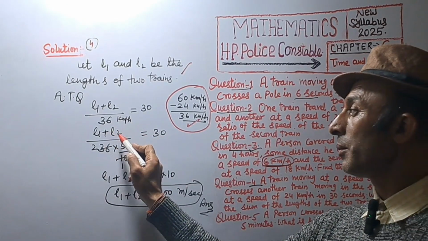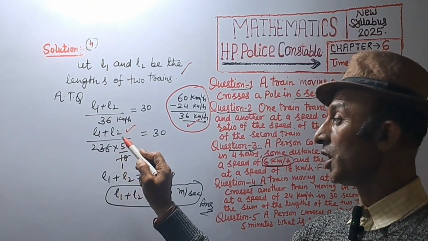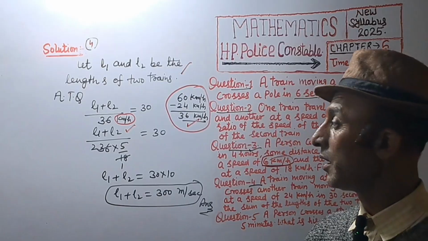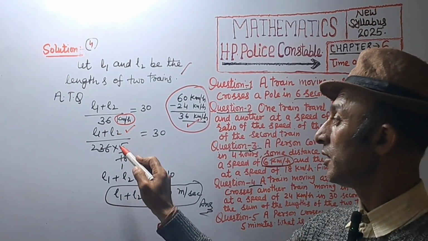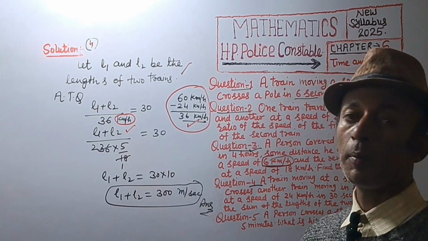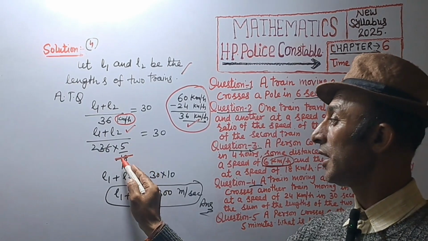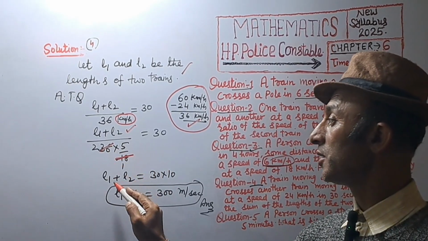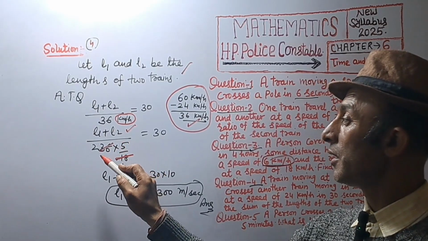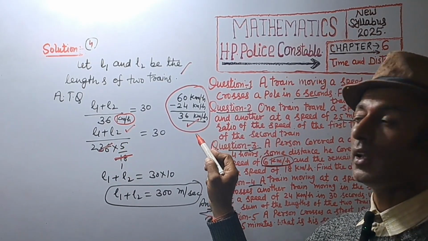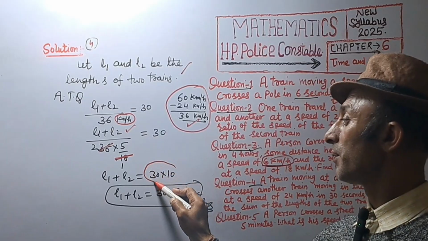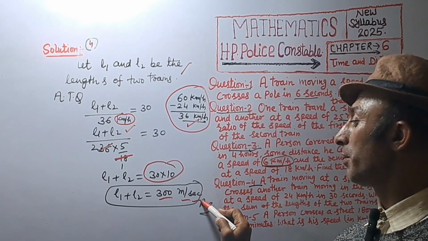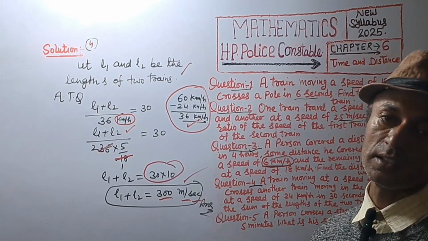And their sum L1 plus L2 upon 36 km, and 36 km we change into meter per second. We multiply 36 by 5 upon 18. 18 ones are 18 and 18 twos are 36. 2 multiplied by 5 is equal to 10, and we are cross multiplying by 30. So we get 30 into 10, 300 meter. Answer.